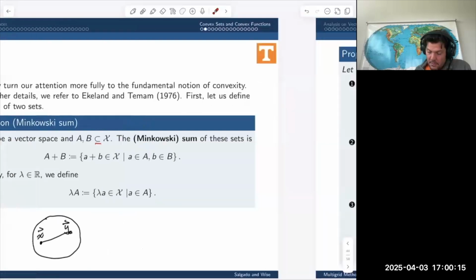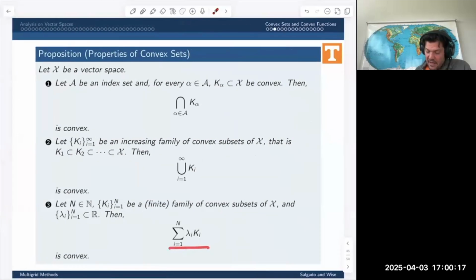And so this set, if K is a finite family of convex sets, also must be convex. So this is what's called a linear combination of sets, but it's kind of an extension of this dilation plus this definition of the Minkowski sum.